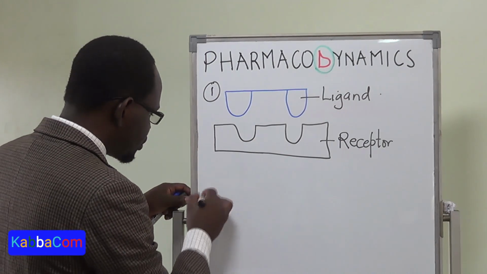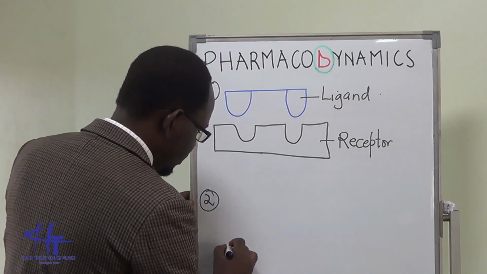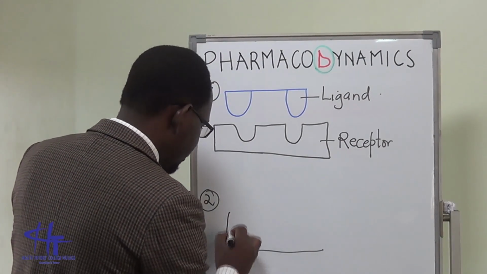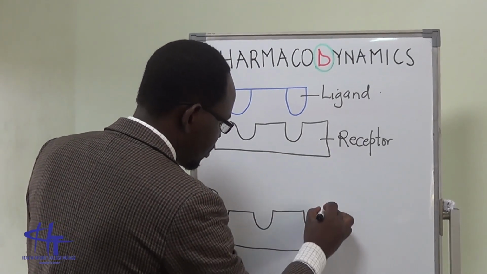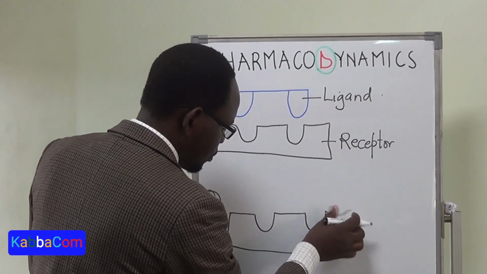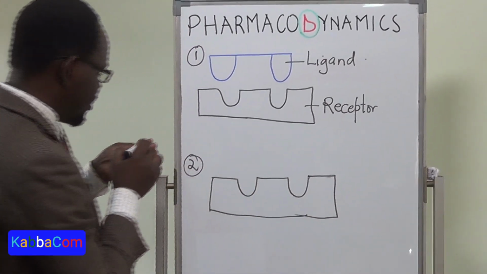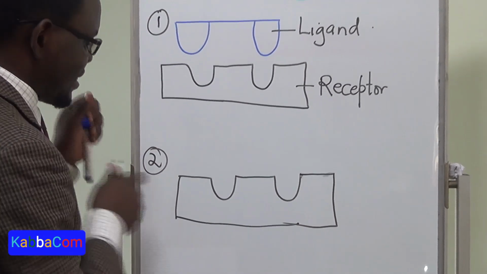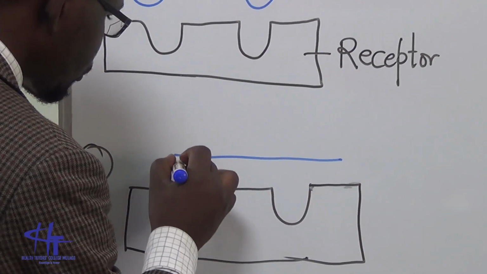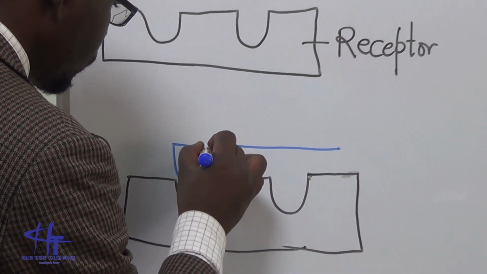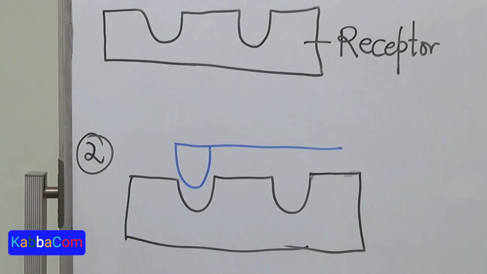So in scenario two, you still have the same receptor, but in this particular context, the ligand is like this. That is scenario two.